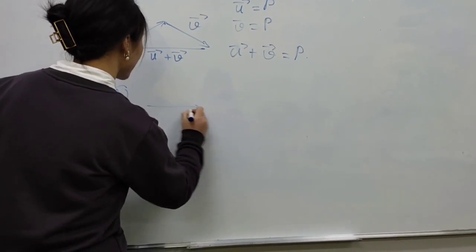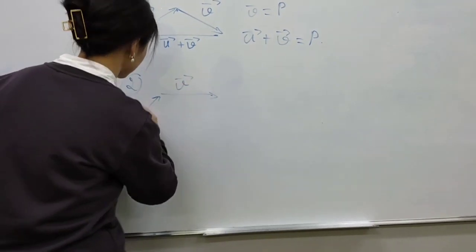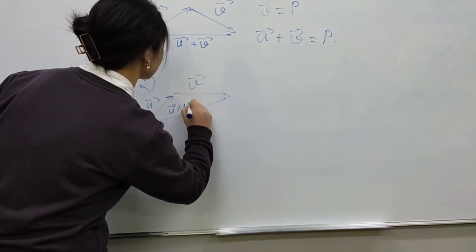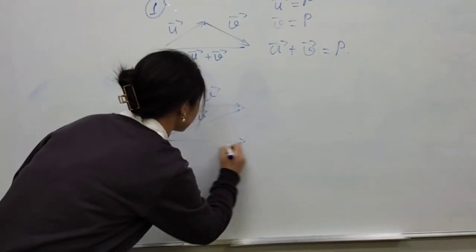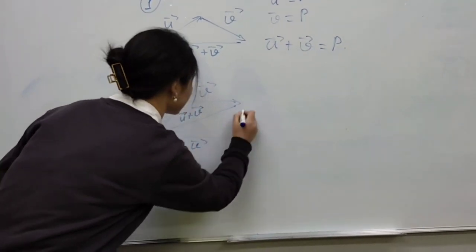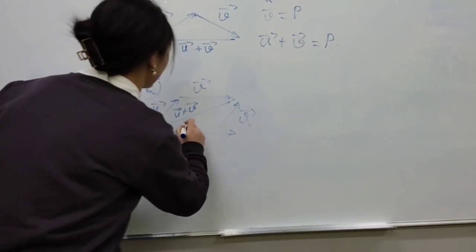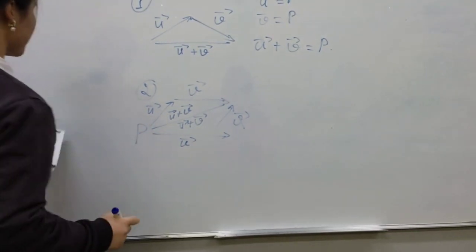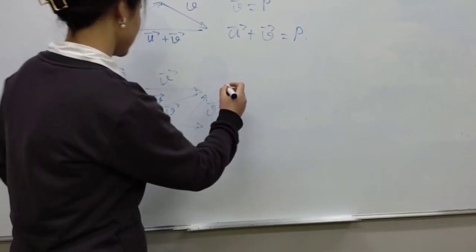Okay, second property, the sum of any two vectors, vector U, vector V, and vector U plus vector V, in P, is commutative.